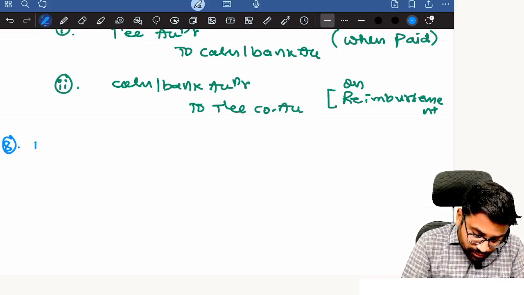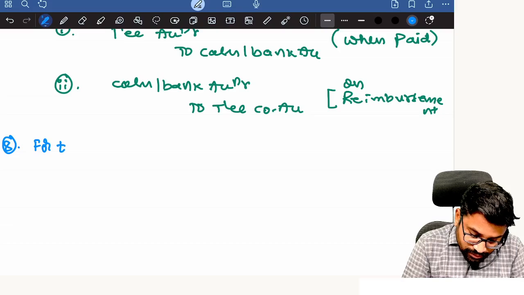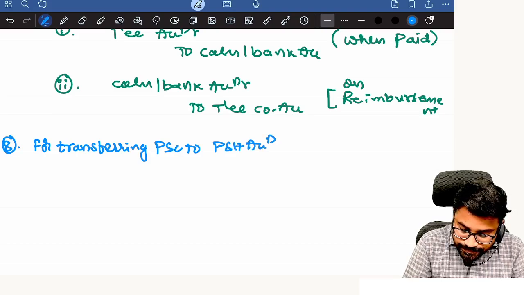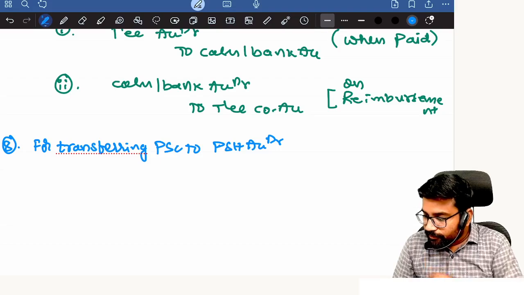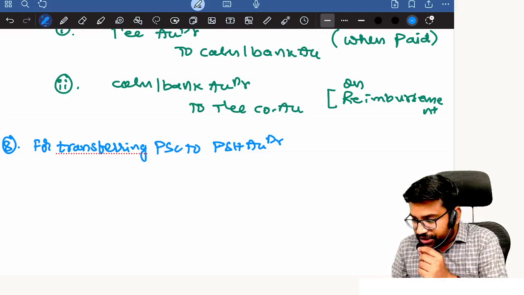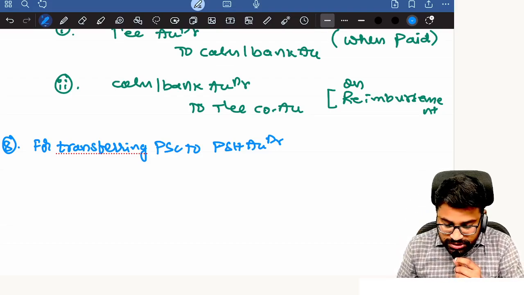So therefore, for transferring preference share capital to preference shareholders account.